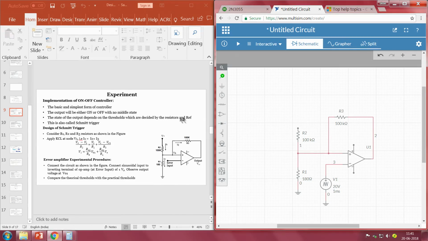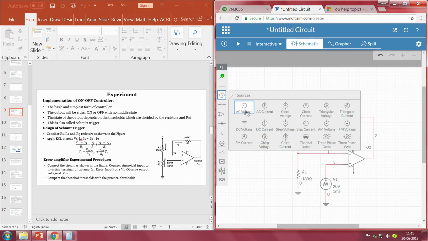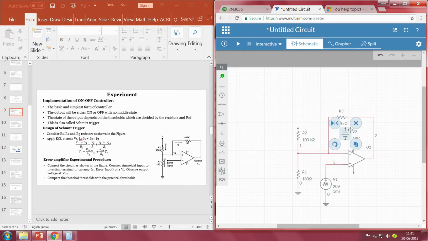So, plus VCC and minus VCC should be connected. I will take a DC voltage, rotate it, and plan to use 15. So, I will change it to 15. Now, this should be connected to the ground. I will take a ground and connect it here.